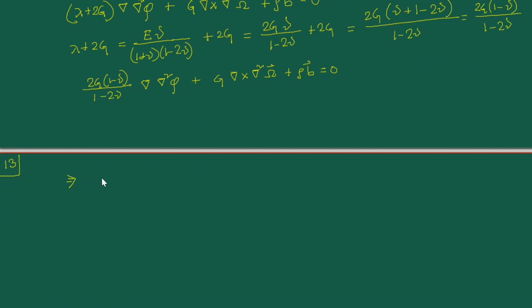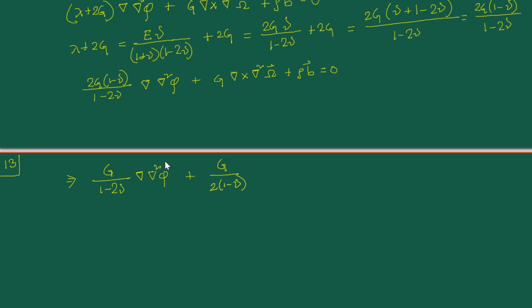So from the previous page, what I have is g divided by 1 minus twice nu, plus g divided by 2 into 1 minus nu.